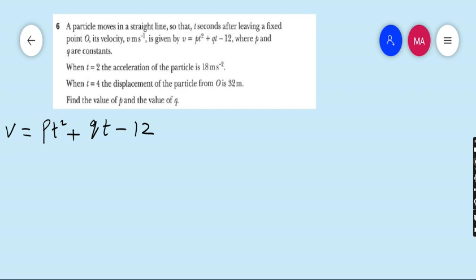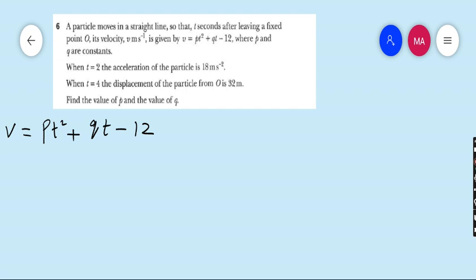When t is equal to 2, the acceleration of the particle is 18 meters per second squared. When t is equal to 4, the displacement of the particle from O is 32 meters. Find the value of p and the value of q.